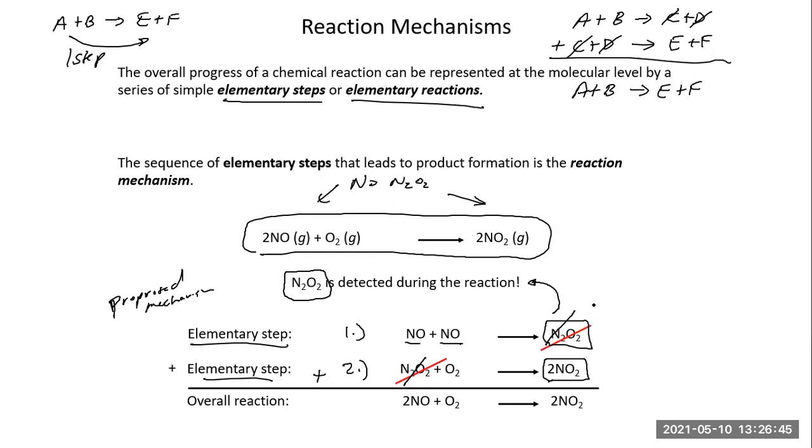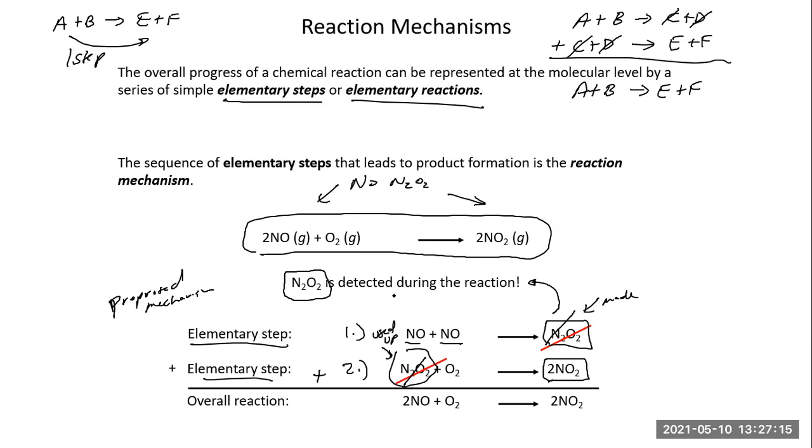This N2O2 was made in the first step of this mechanism, and then it was used up in the second. That is what is known as an intermediate in this reaction. An intermediate is a substance that is produced early on in the mechanism of a reaction but gets completely used up by the time the reaction is over, which means it does not appear in the overall reaction.